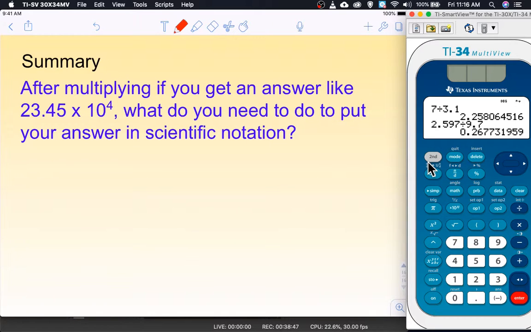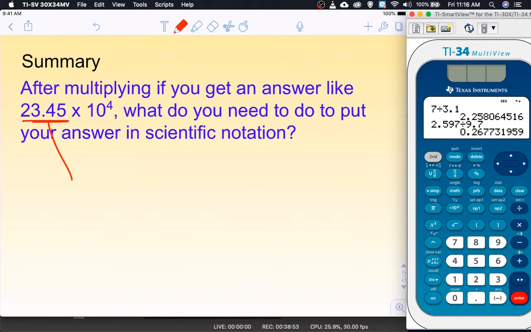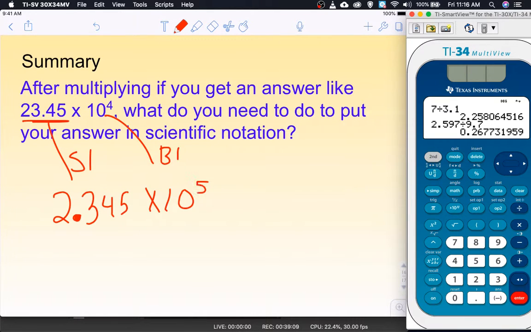All right, so if you get something like this, you'd need to make this number the proper decimal, 2.345, or put the decimal in the right place. And when you do that, you need to change the power of 10 as well. If your decimal piece gets smaller by 1 decimal place, your exponent gets bigger by 1 place. It becomes 10 to the 5th power.